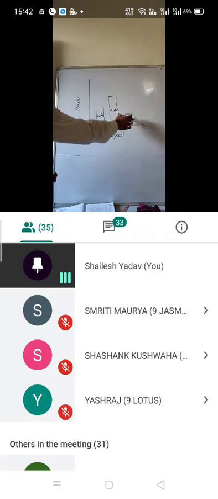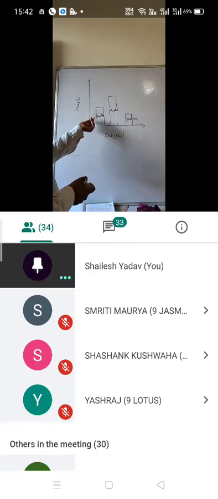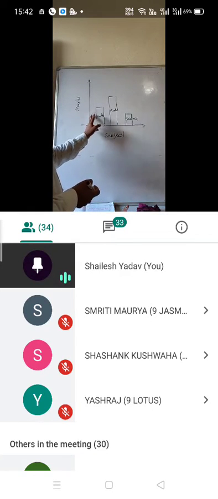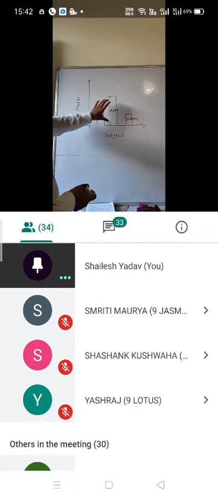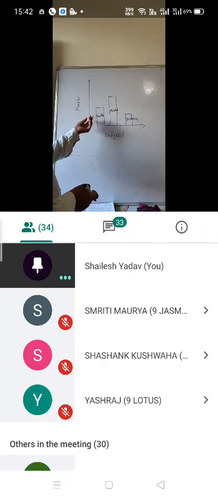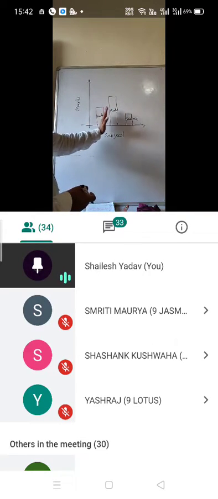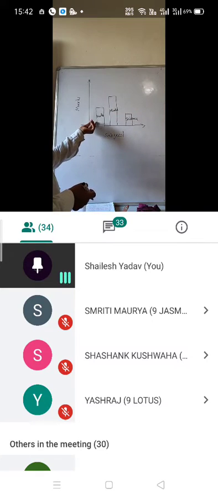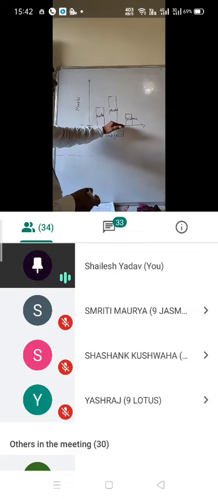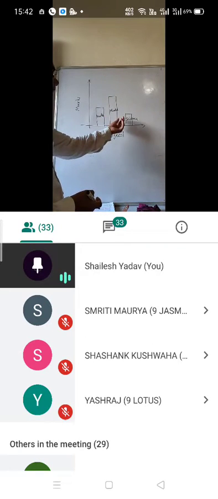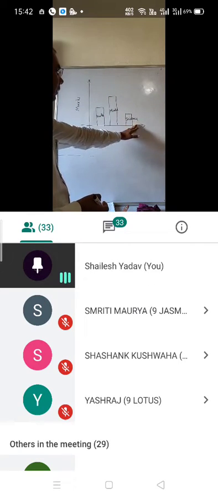Certain properties of this graph are there. There should be an equal gap between each and every rectangle. These are the rectangles. Suppose you give this much of gap, then again this gap will be here, and after that you draw the next rectangle, and again you give the gap, then you draw the next rectangle.